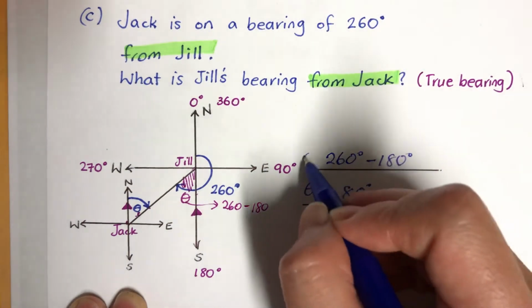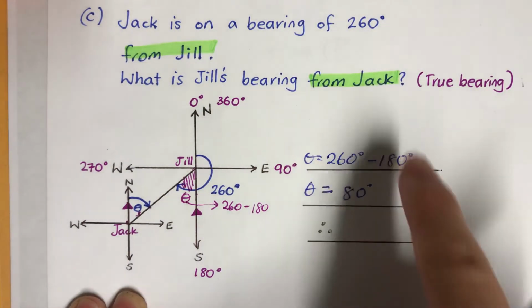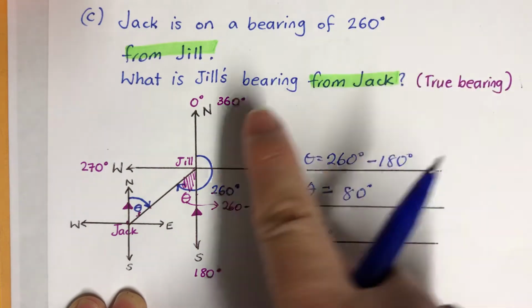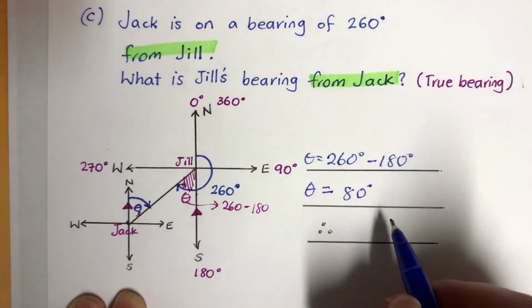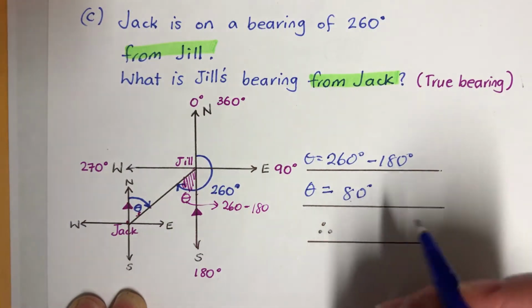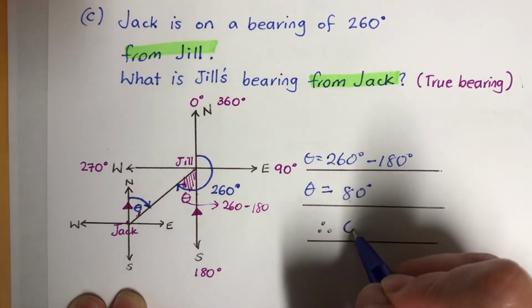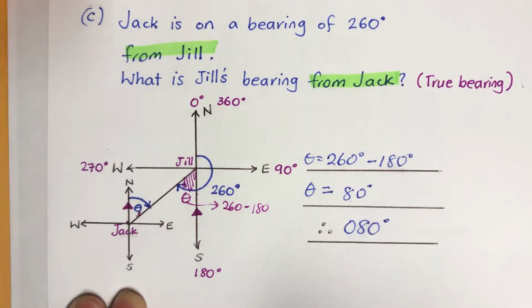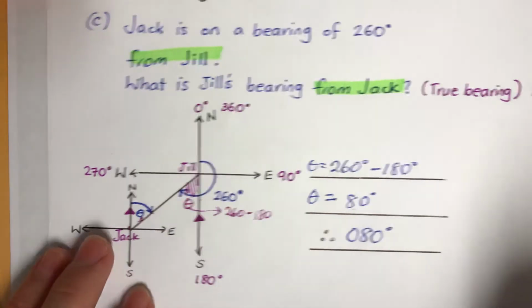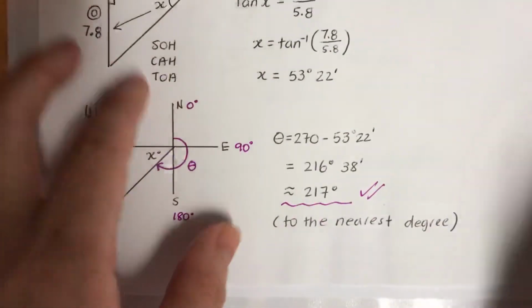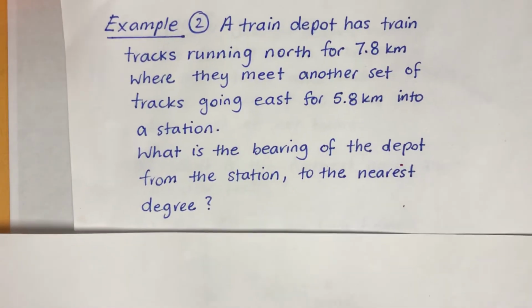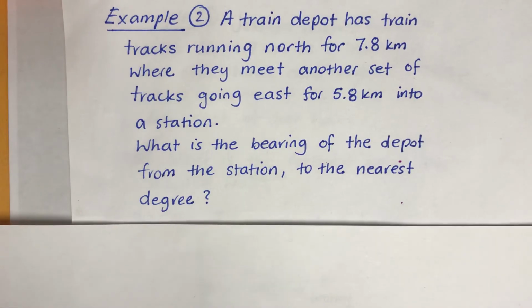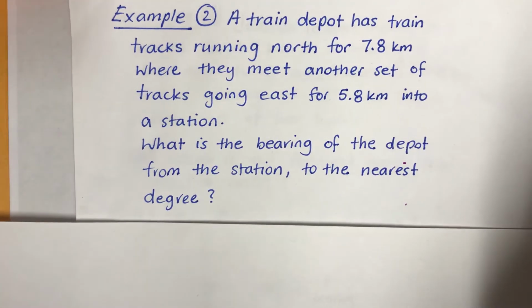When we talk about finding a bearing, it's most likely a true bearing, unless they tell you to write a compass bearing. So it's a true bearing. Now this one has only 2 digits, and you have to have 3 digits. So your final answer should be 080 degrees. Okay, that wasn't too bad. Next question. Example 2. It's a bit long, but that's not too bad.